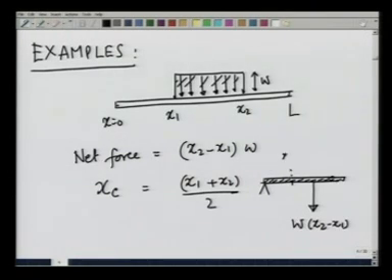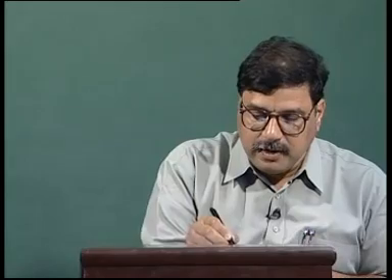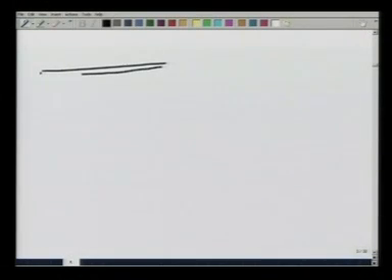This is x1, this is x2, at a distance, let me write it with blue, (x1 plus x2) divided by 2. So, that is one example. Next, we consider triangular loading, in that I have a beam of some length L, and it is loaded like this.